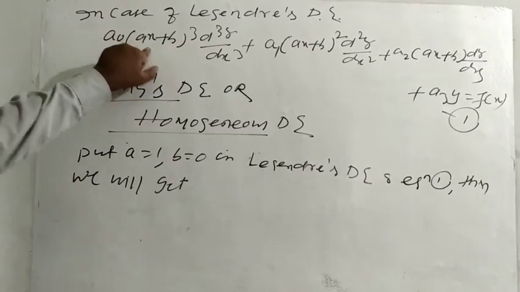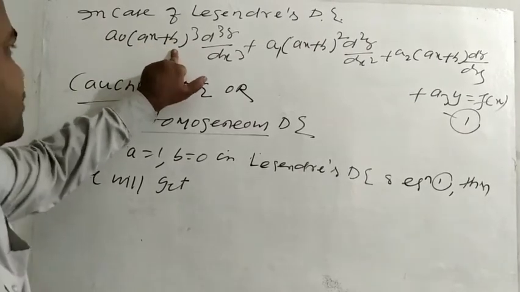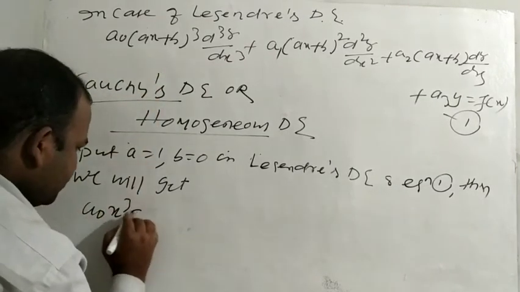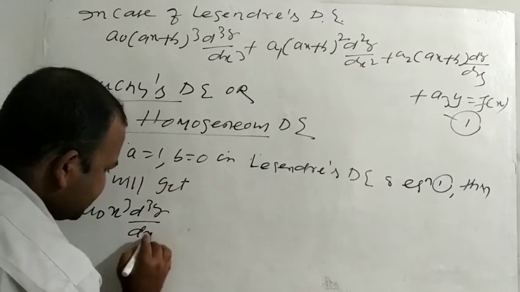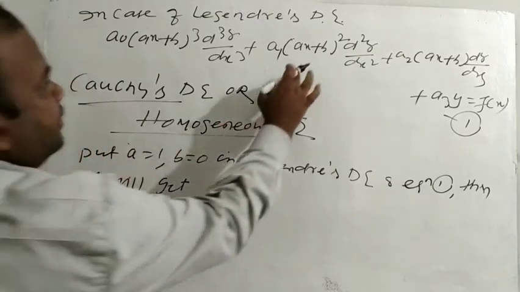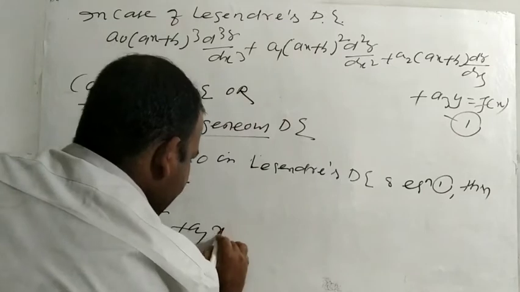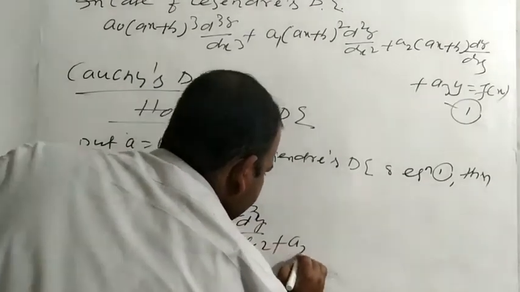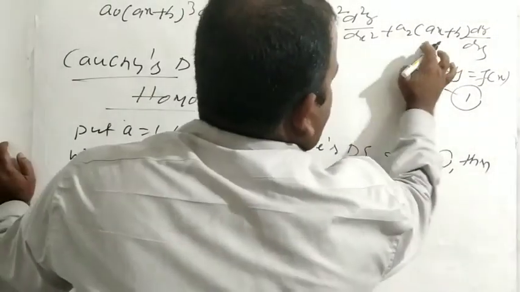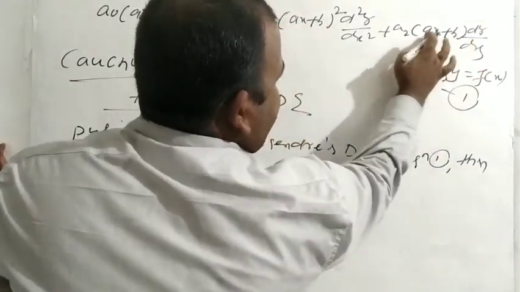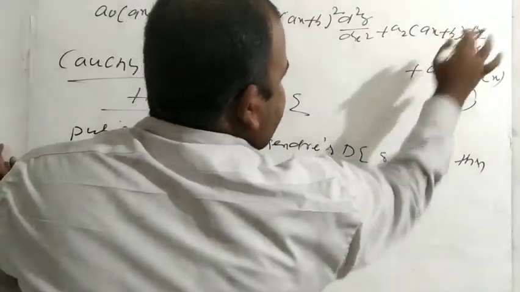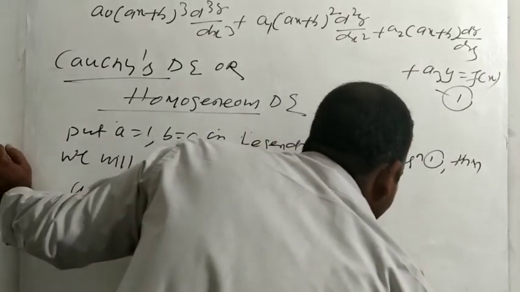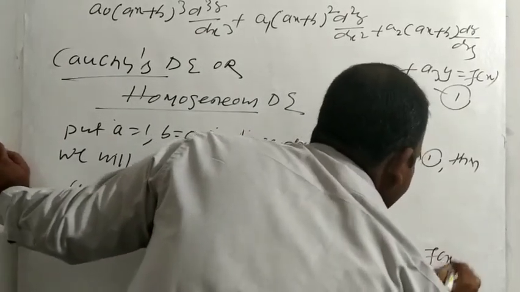Put a equal to 1 and b equal to 0. a equal to 1 means only x will come, and b equal to 0 means that term becomes 0. So this is a0 x cube d cube y by dx cube, a1 x square d square y by dx square plus a2 x dy by dx plus a3 y equals f of x.